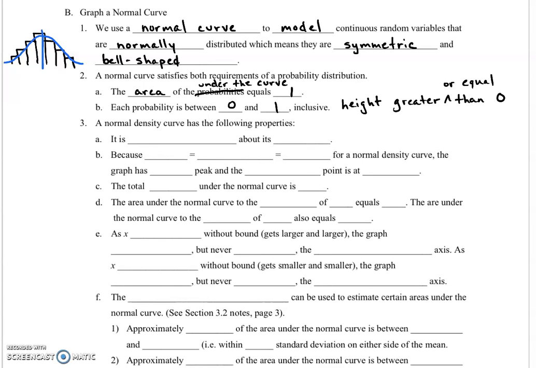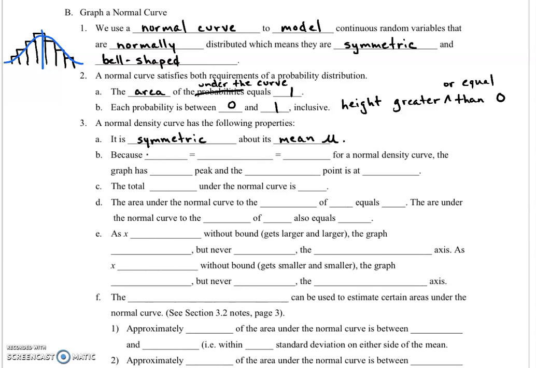So normal density curves, which is what that bell-shaped thing is, have several properties, and every single one of them will have this. We've already talked about this. It's symmetric about the mean, and the mean is the population mean, because remember, these are considered populations.